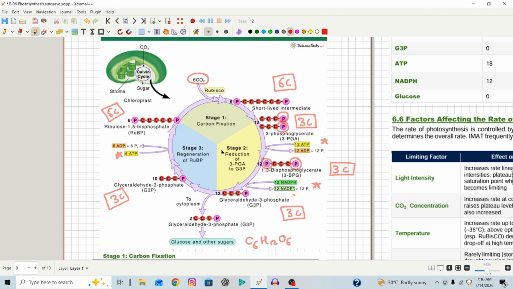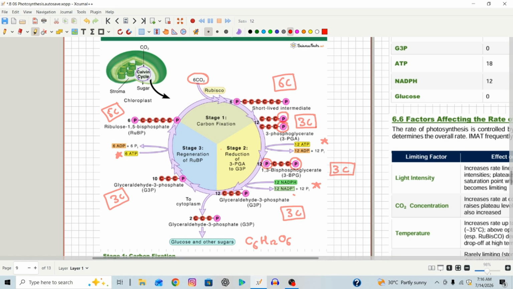So this was the whole process for the Calvin cycle, and the first stage was carbon fixation, where the carbon dioxide was added. The second stage was reduction, because NADPH was oxidized. NADPH was oxidized itself, but it reduced 1,3-bisphosphoglycerate.